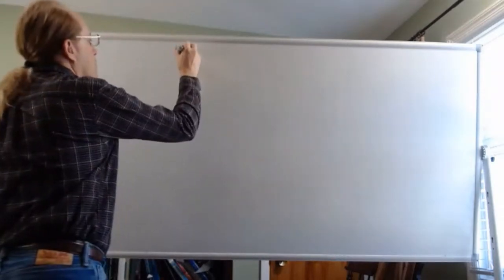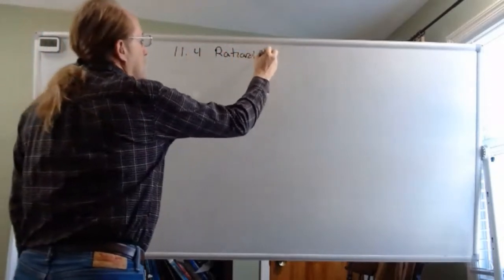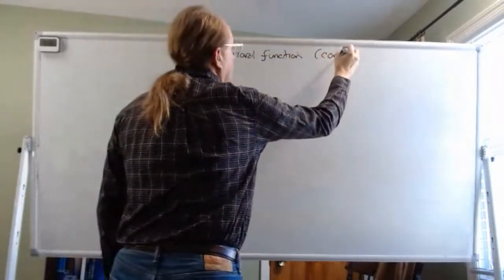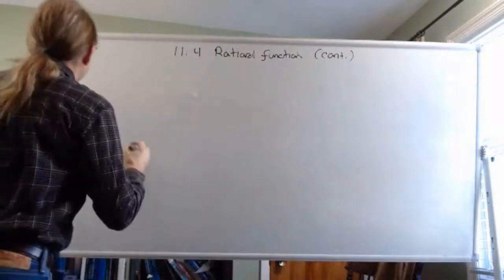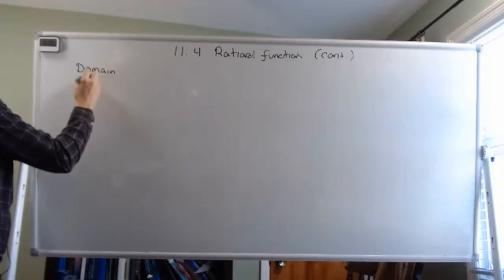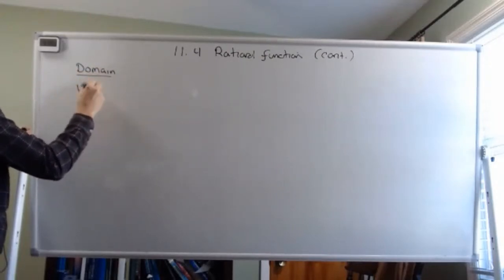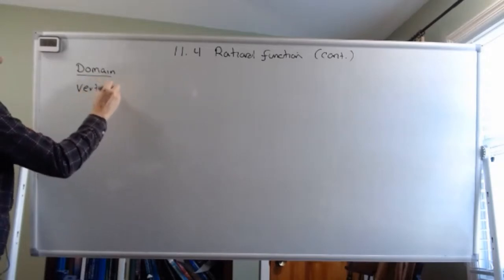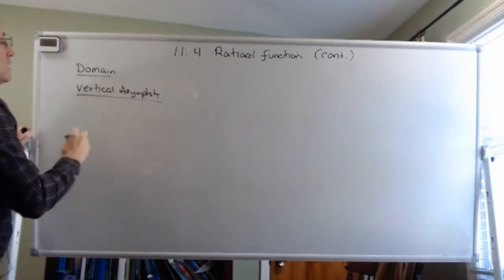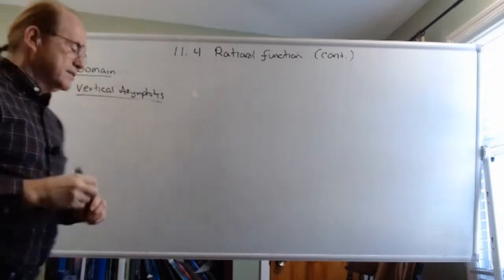So we're going to 11.4 continued. It's all about our rational functions. So far we've looked at the domain of these functions, and that led to looking at vertical asymptotes, and the definition for that. Okay, there are two more things that we want to consider today.